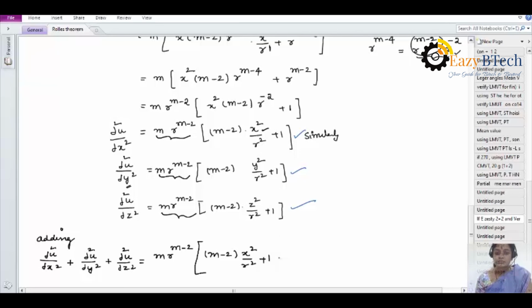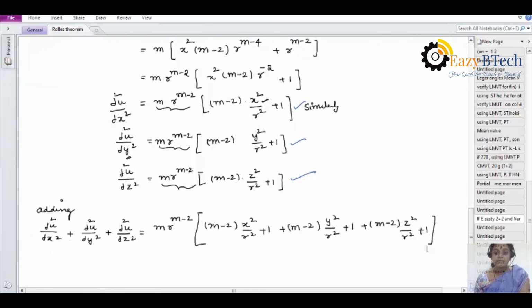Okay, students. And next, m minus 2 into y square by r square plus 1. Okay, students. And next one, m minus 2 into z square by r square plus 1. So simply m into r power m minus 2 common, adding the remaining terms.